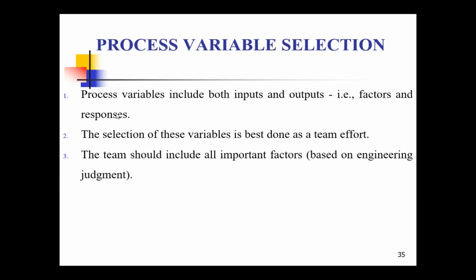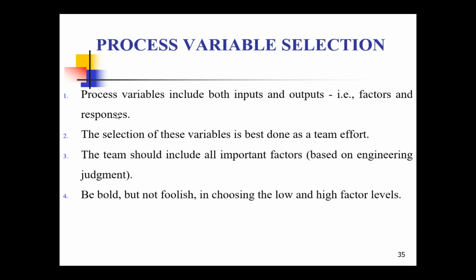The team should include all the important factors that have an influence on the outputs, determined based on the engineering aspects. So we should be bold in selecting the variables; just like that we should not select the inputs and outputs.